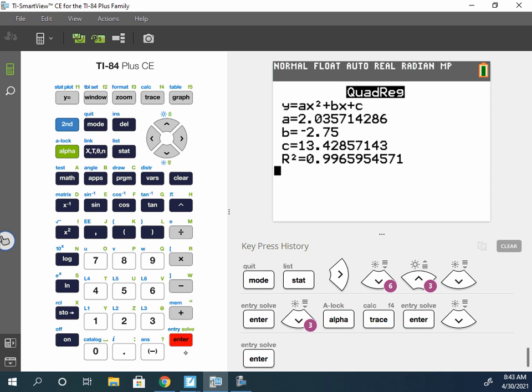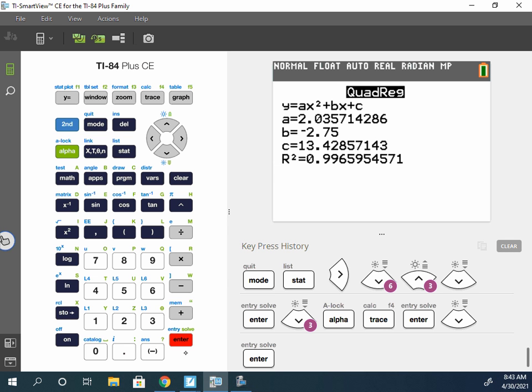So if we looked at the distance between the equation and our point and calculated that up, this is telling us how close it is. The closer to 1 or -1 it is, the better the data is, the better this equation represents the data that we have. Does that make sense? The closer to 0 that it is, the worse the equation is.